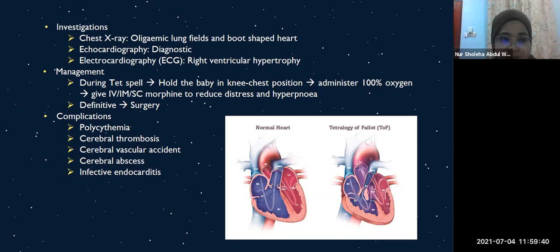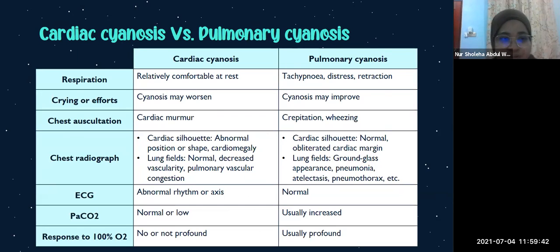Okay, so before I end my presentation, this slide shows the difference between cardiac cyanosis and pulmonary cyanosis. In cardiac cyanosis, usually the patient is relatively comfortable at rest, and the cyanosis may worsen upon crying or effort. During chest auscultation, we can hear a cardiac murmur.